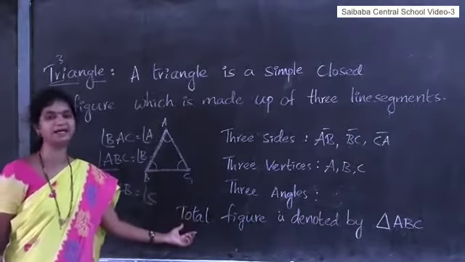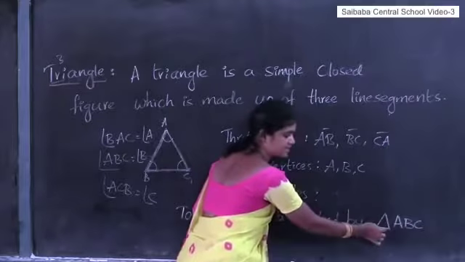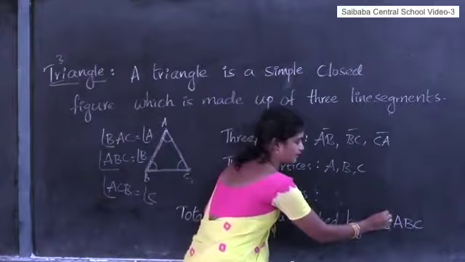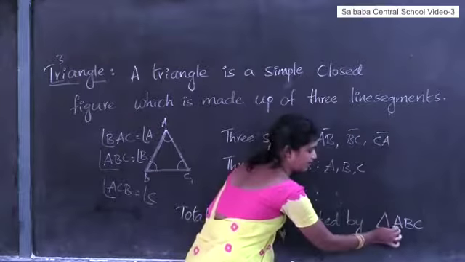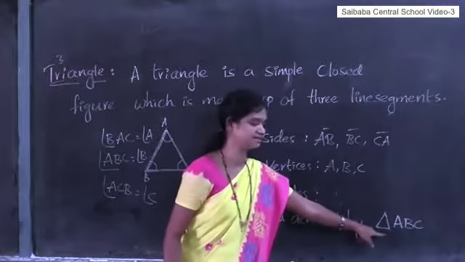So the total figure is denoted by triangle ABC. So instead of writing the word triangle, you draw a triangle symbol, and ABC indicates the triangle ABC.